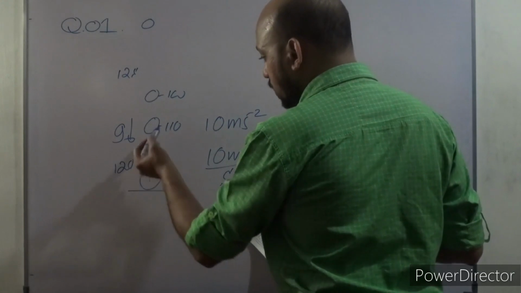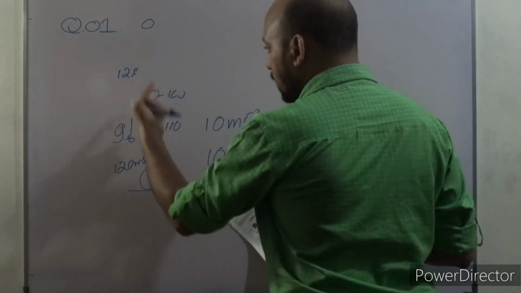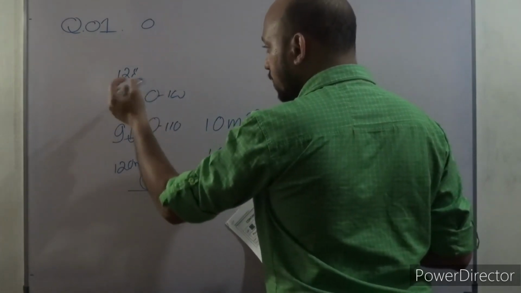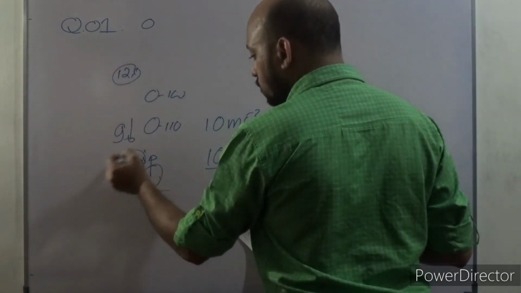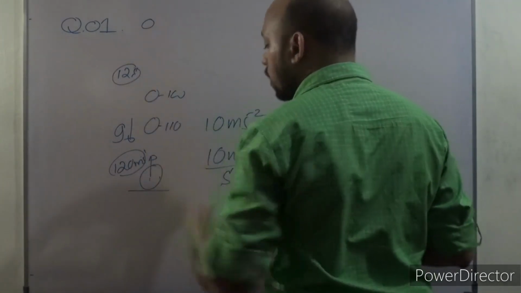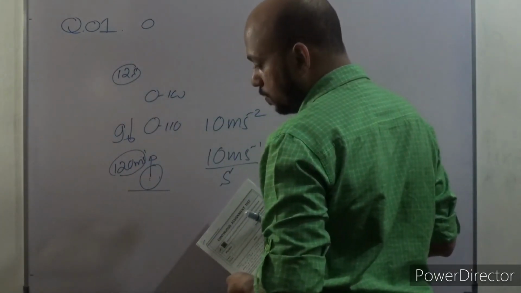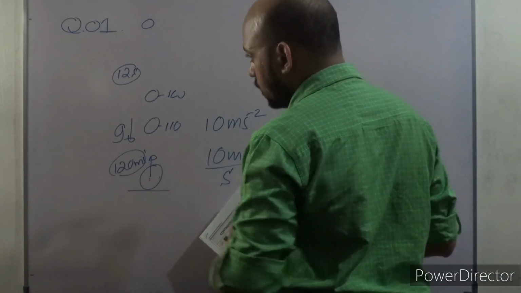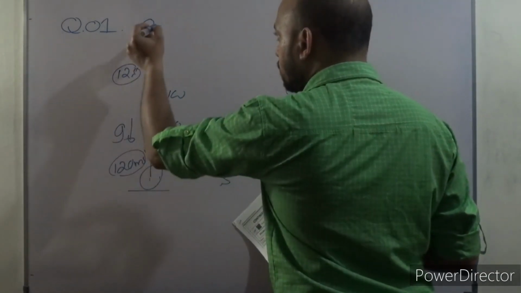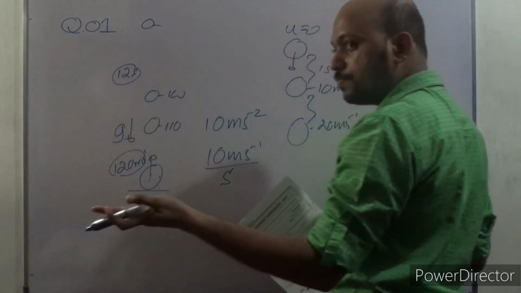Every second it decreases by 10, so 12 seconds is taken to decrease until 0. It means at the maximum height, the velocity becomes 0.